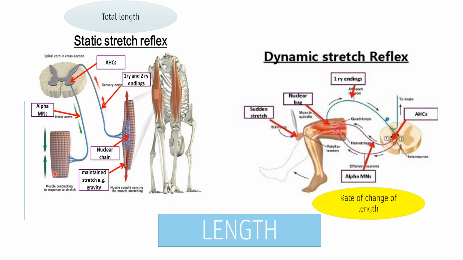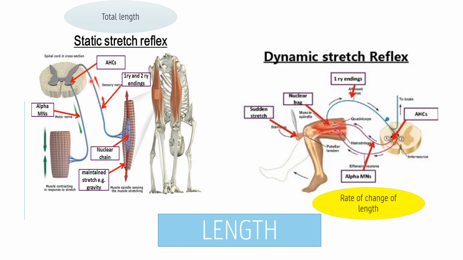Whereas the static stretch reflex is sensed by the static nuclear bag and the nuclear chain fiber, and the information is carried by the 1A and 2 type of fibers to the central nervous system. They actually detect the total length. So the information given by this stretch reflex to the central nervous system is the length of the muscle.